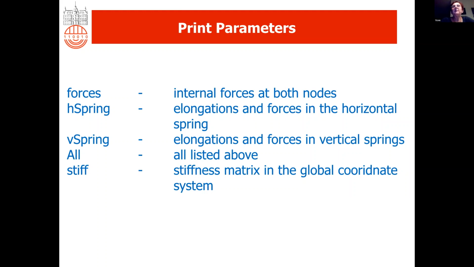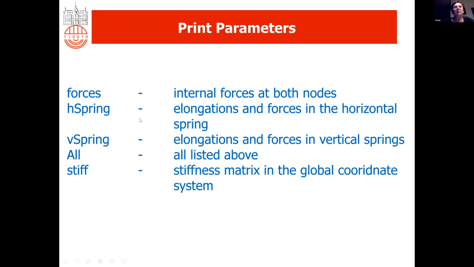Also the print parameters are defined. We can print the internal forces at both nodes, then elongation and forces in the horizontal or the vertical springs. This is very important to control the response of the element.